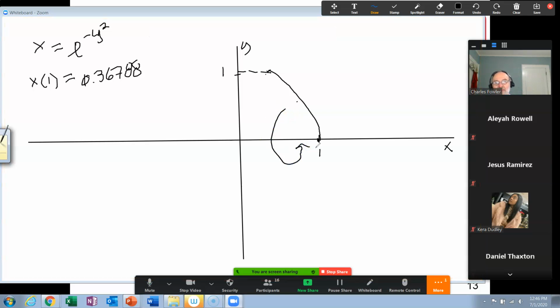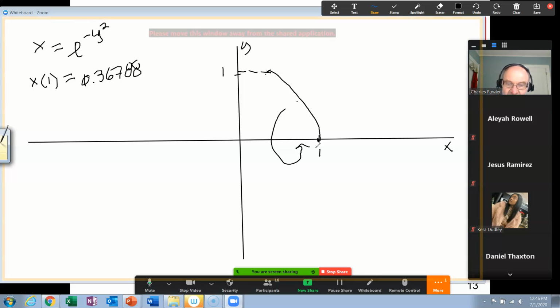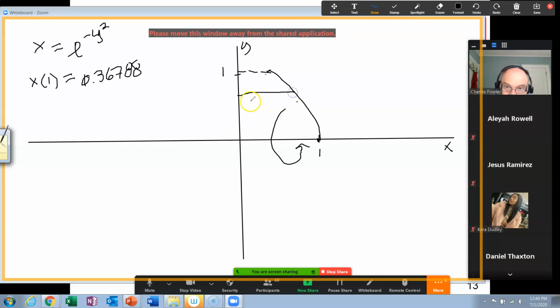Now let's take a cylinder. Let's take a delta y right here. Now what's the radius? The radius is the distance from the center of revolution. That's the x-axis, so that's just y.